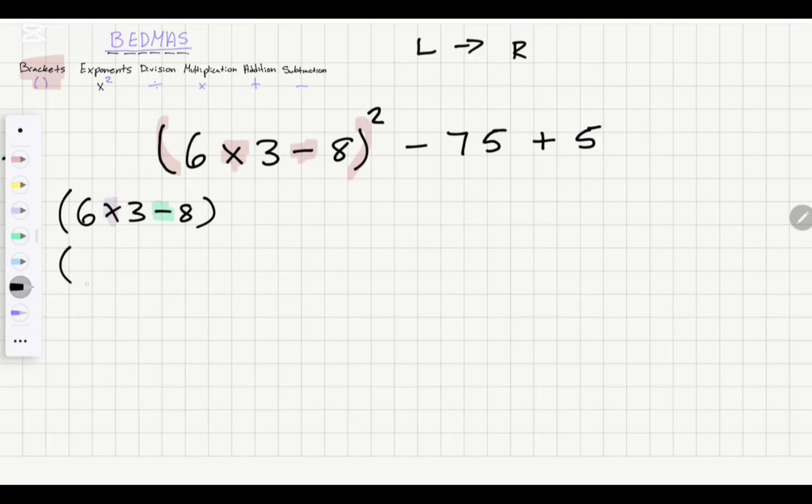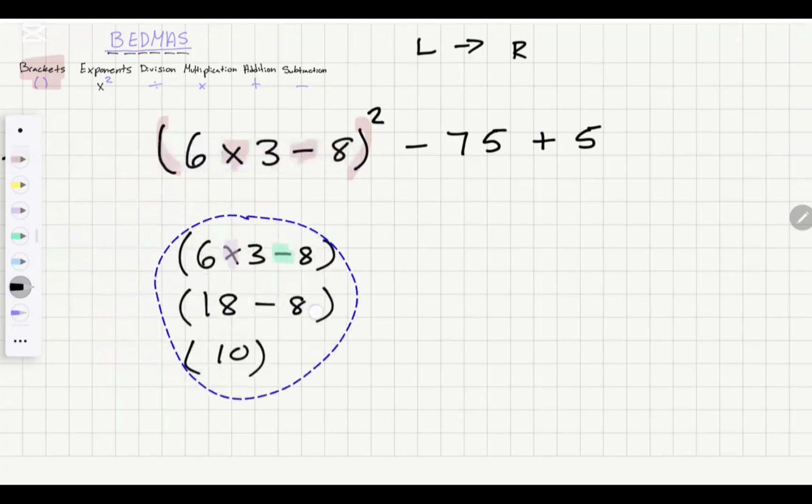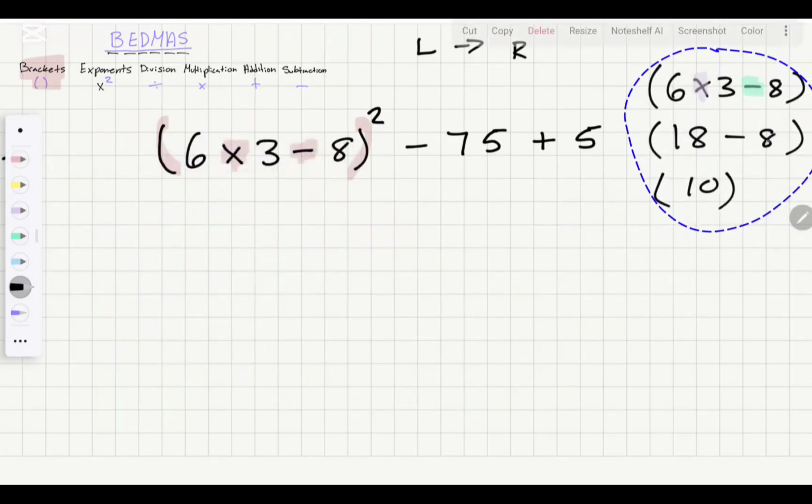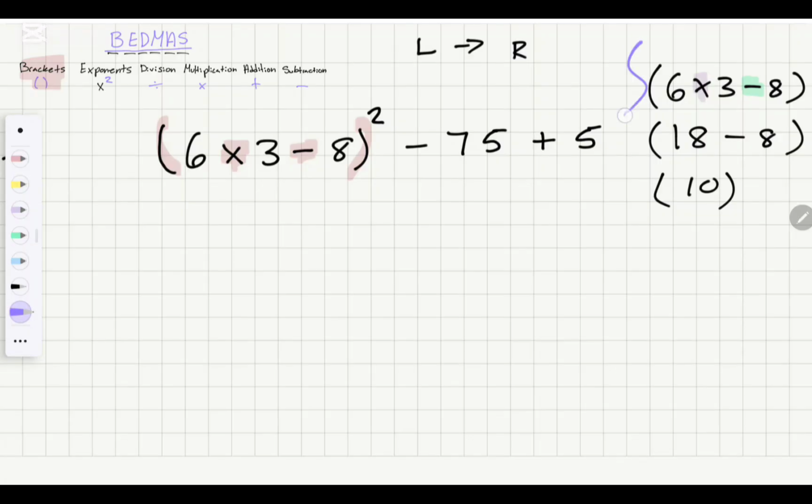6 times 3, which is 18, minus 8 is 10. Okay, so let me bring this over here actually. So when I rewrite this, it's going to look like this.